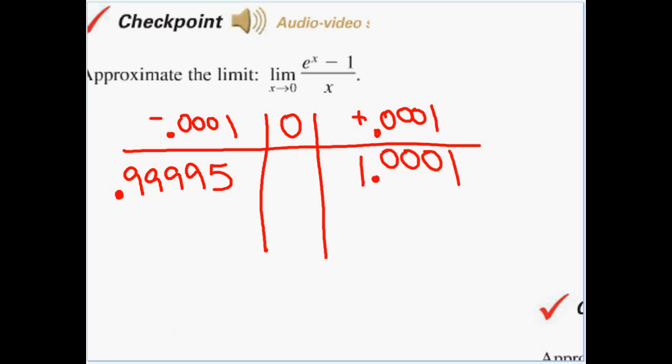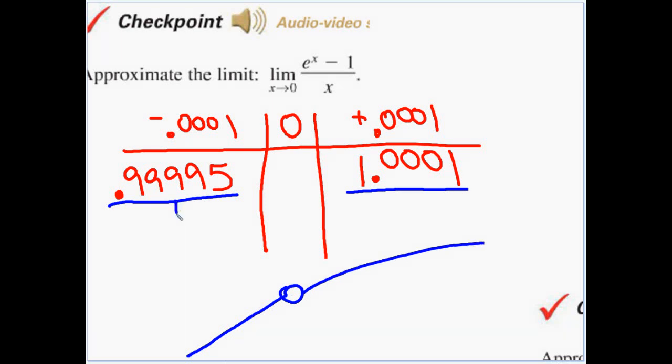So it looks like our graph is increasing. This number's a little bit under 1. This number's a little bit over 1. So it looks like our graph is going uphill here. And at 0, we have a hole. But what would be the average in between these two y values, if we added them together and divided by 2, it looks like a 1 is going to come out.